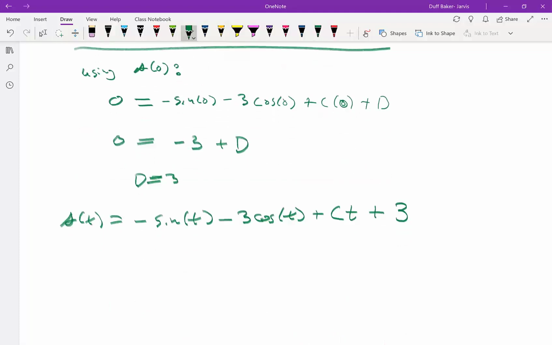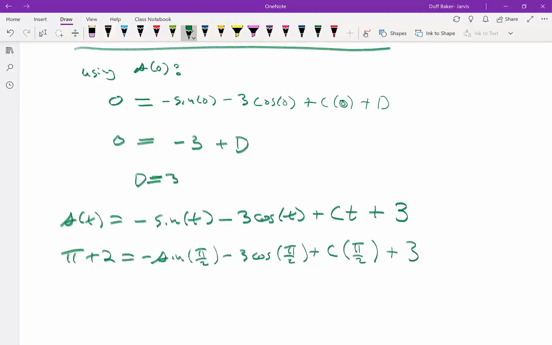If I plug in pi over 2, I should get pi plus 2. So you end up with this equation. Let's simplify. Sine of pi over 2 is 1. Cosine of pi over 2 is 0. Then 3 minus 1 is 2.